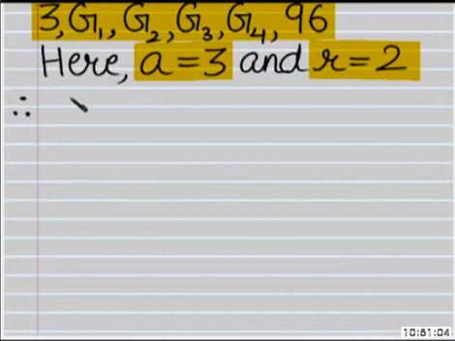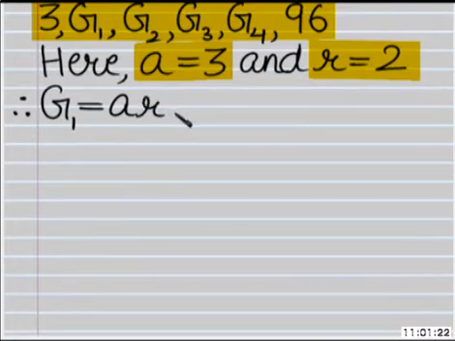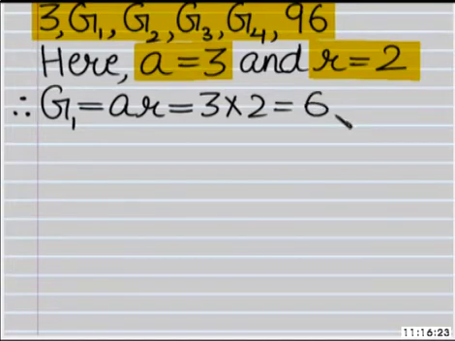So in this way, first geometric mean, that is G1, which is the second term of this GP, will be equal to A into R, where A is the first term and R is the common ratio. Substituting the values, it will be equal to 3 into 2, which is equal to 6.